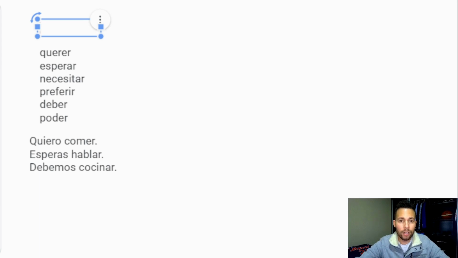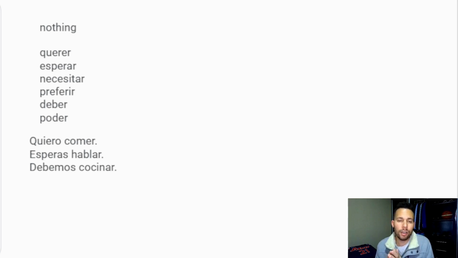So on top here, I'm going to put nothing. Because basically, we're going to start talking about now how sometimes it isn't just nothing, there is something that's placed between the two grammatical components, the second one being an infinitive verb.